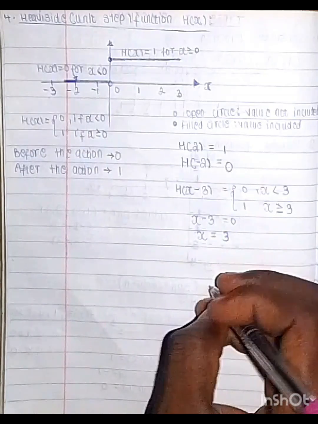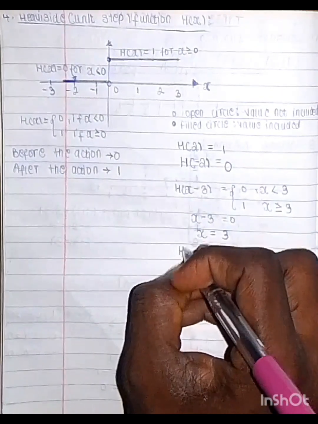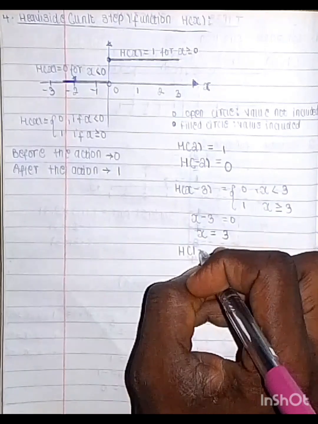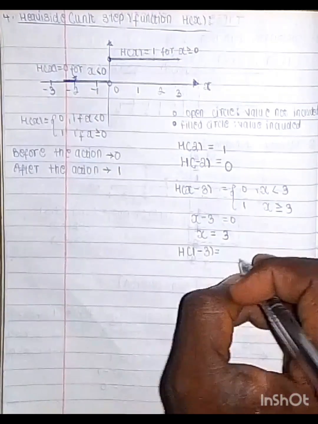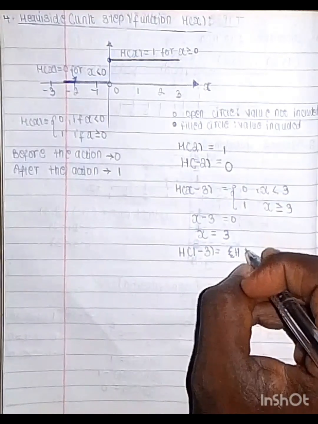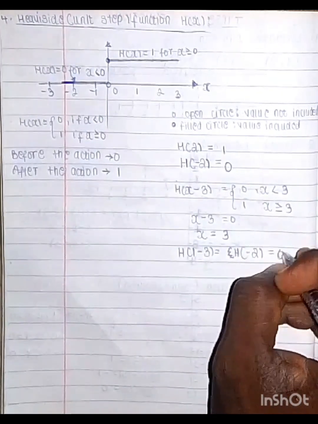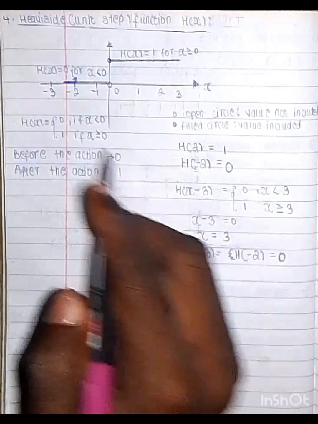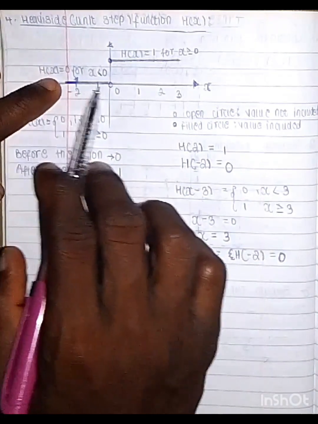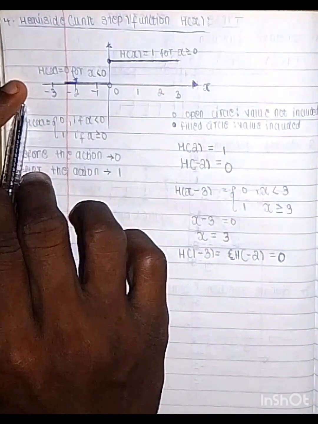Now, for an example, we want to input our domain here. Starting from 1, we are going to have 1 minus 3, which is equal to H of minus 2. Now, the Heaviside of minus 2 is 0. Why is it 0? It's because it lies within the region of the negative numbers to negative infinity.